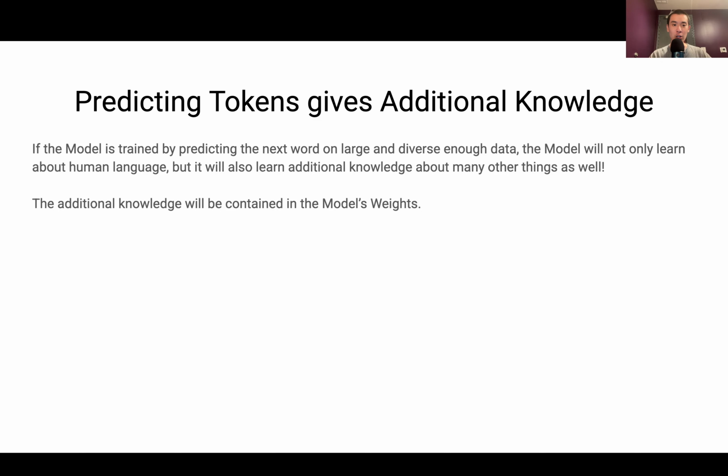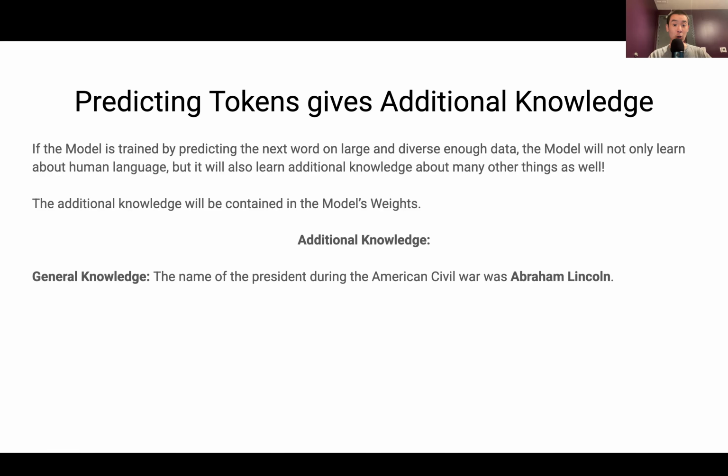The additional knowledge will be contained in the model's weights, and some examples of that additional knowledge is, well, general knowledge. The name of the president during the American Civil War was, and if we have a good LLM, it'll predict that the next words or tokens is Abraham Lincoln. So somewhere in the model's weights, it knows that Abraham Lincoln was a president during the American Civil War.